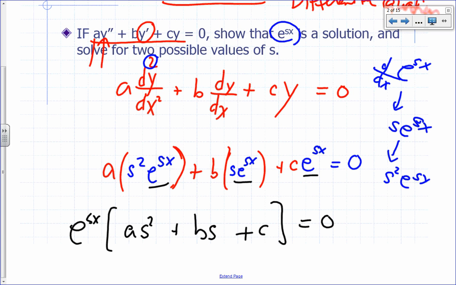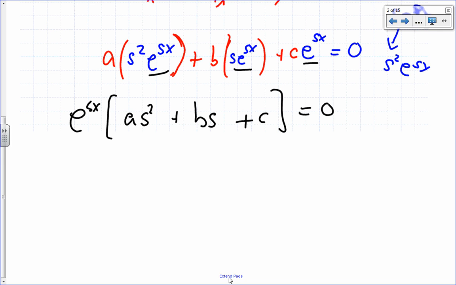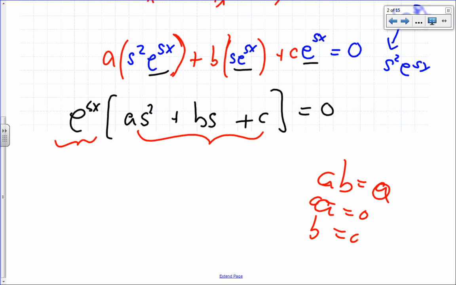So it's going to be a solution if there is an s that would satisfy this, right? When two things multiplied together equal 0, either one is 0, or the other is 0, or both are 0. e to the sx, since x is a variable, is not going to be equal to 0.